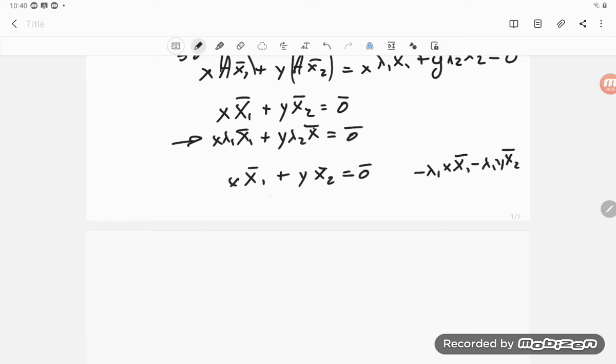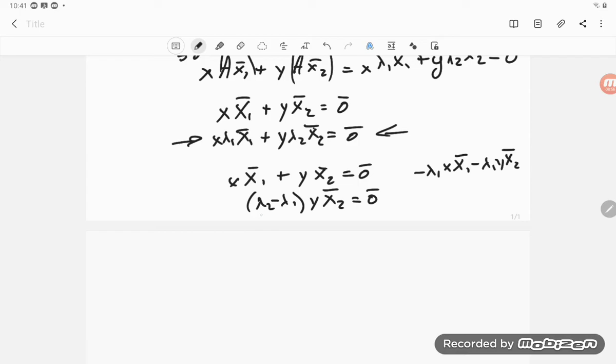When I add it to the second row, the first terms cancel out and I get 0, and with a little factoring, lambda 2 minus lambda 1 times y times x2 is equal to 0.